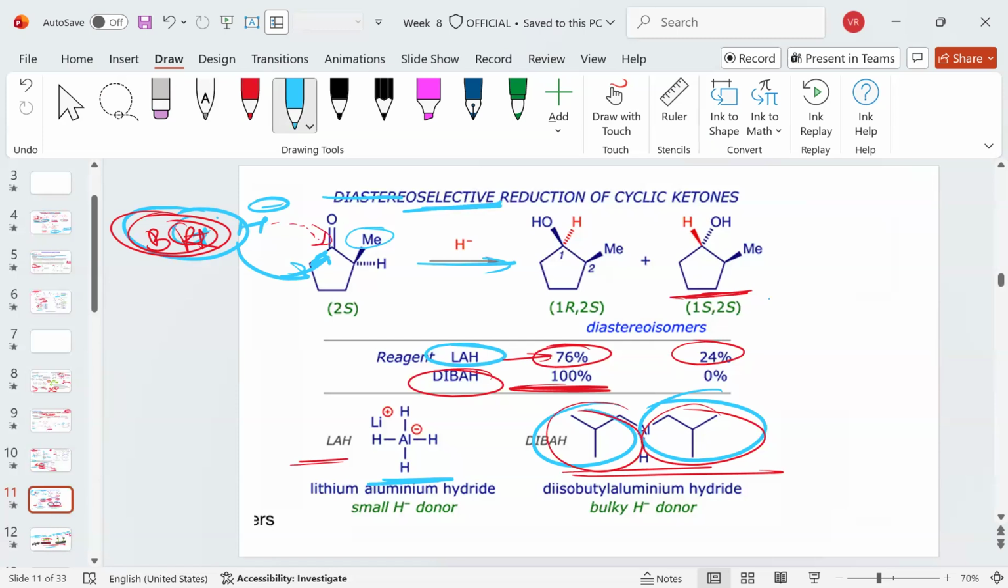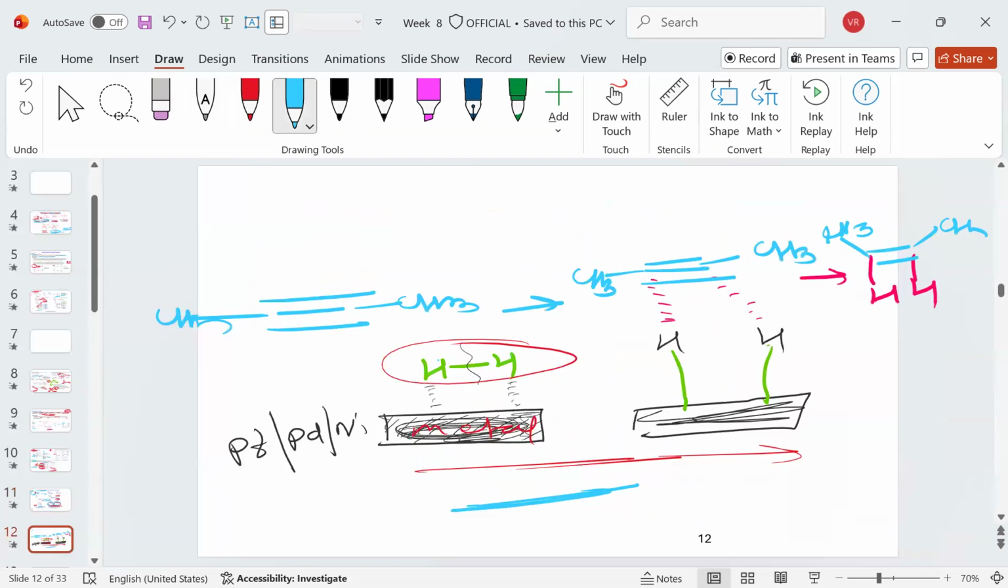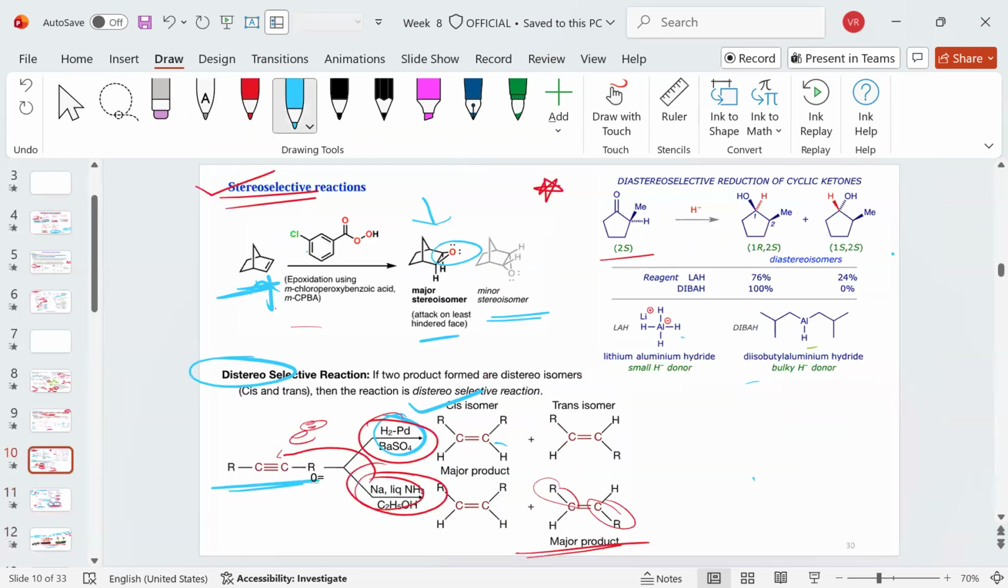There will be minor products, but the major product is the one where we can get the improvement in the selectivity. So as in this case, by just changing the reagent, we can improve the selectivity. You can see here 100%. So basically, this is still an example of a stereoselective reaction. Also, another example is we can change the reagent.